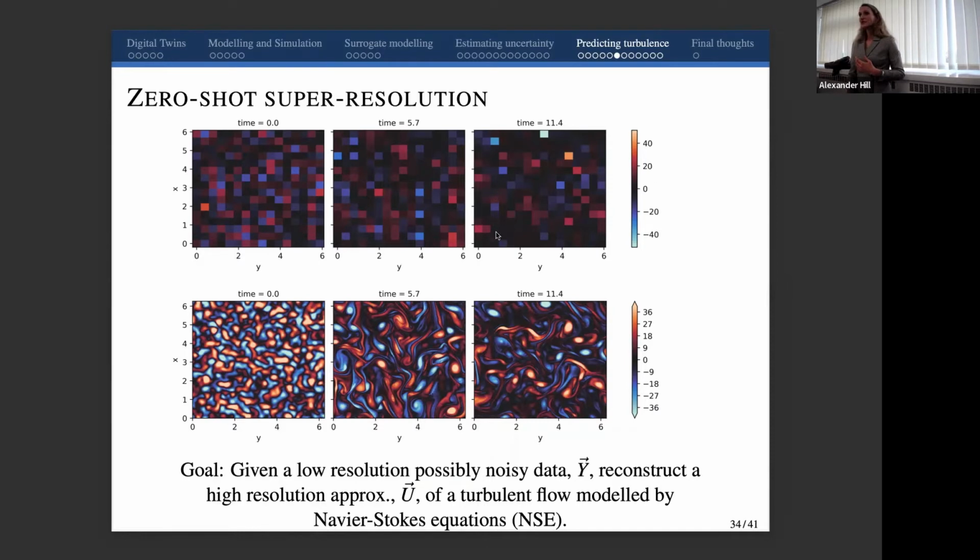So in the end, we have all the detailed information about the flow, as if we executed a Navier-Stokes solver for a very high resolution, but at a lower cost. And zero-shot, because we will never show the network the high resolution. It will only work with the low resolution. The reason we can do this is because we will give it some information about the physics.